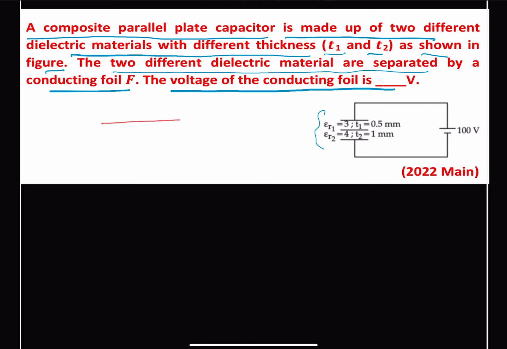So this is our first capacitor, and in between we have a foil, and on the lower side there is our second plate, that is the second capacitor. We are given that ER1 is 3 and its thickness is 0.5, and ER2 is 4 and its thickness is 1 millimeter, and it is connected with a battery source of 100 volt.